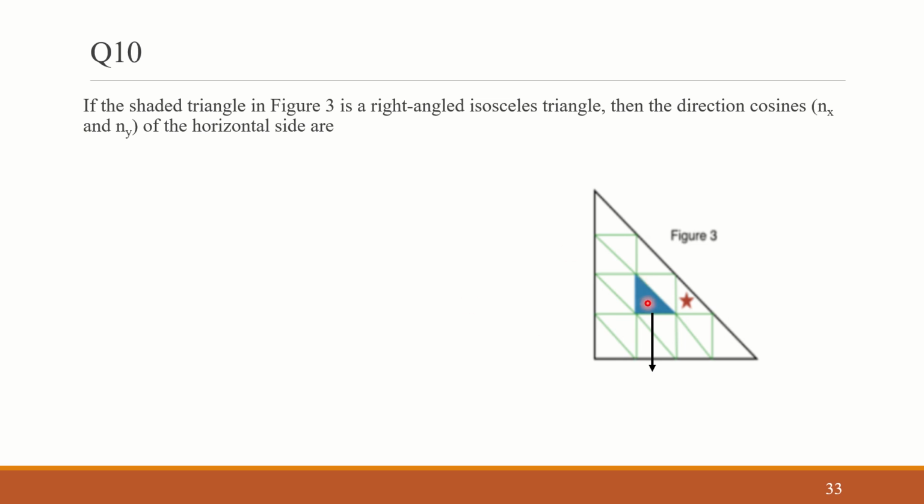This is figure 3 and this is the shaded triangle. It is a right angle isosceles triangle. So direction cosines nx and ny of the horizontal side are dash. It is a horizontal side and it is a vertical side.